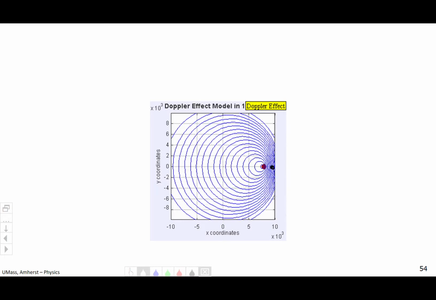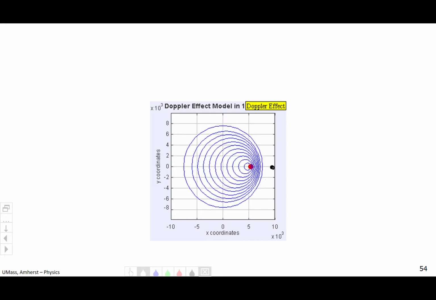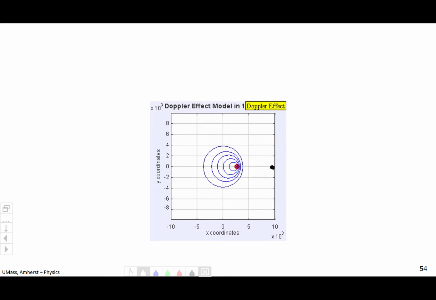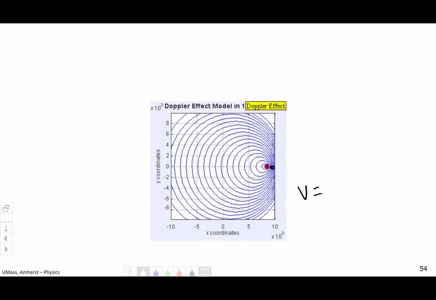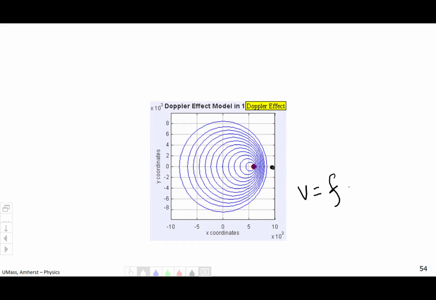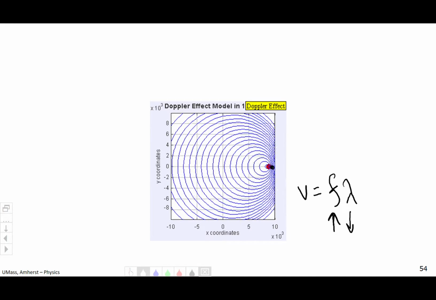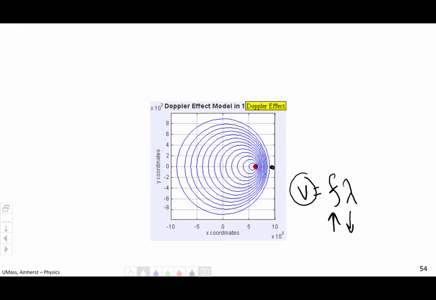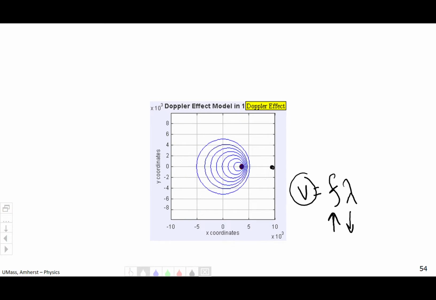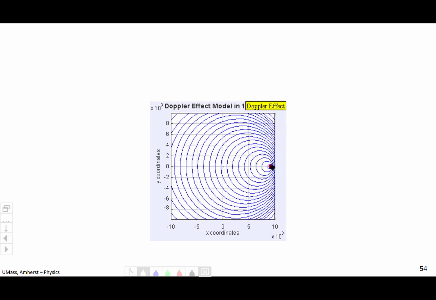It releases that first wave and then it kind of chases it as it is releasing more waves. So those waves get closer and closer together, and if velocity is frequency times wavelength, if wavelength goes down, frequency must go up because the speed of sound is constant. So the frequency that you hear as the source is moving towards you gets higher.